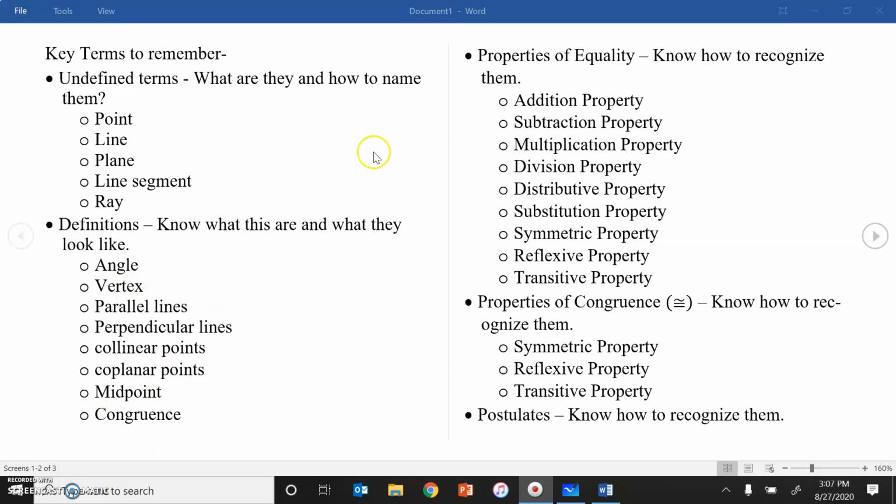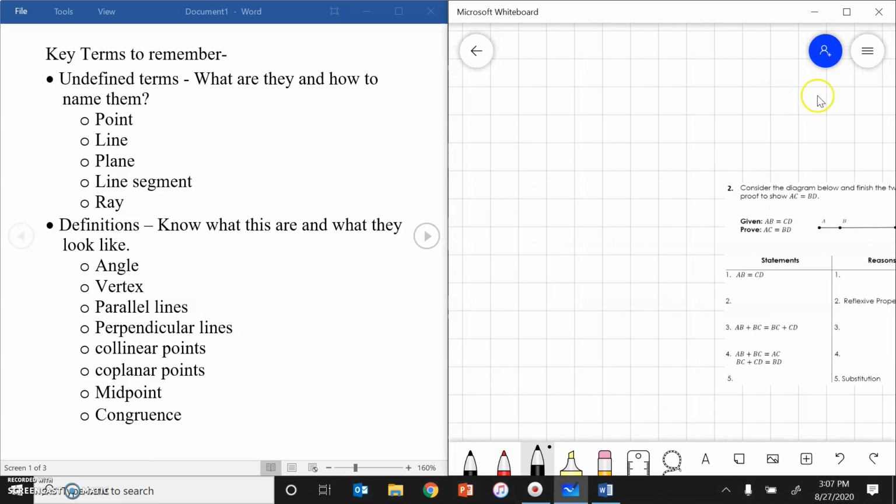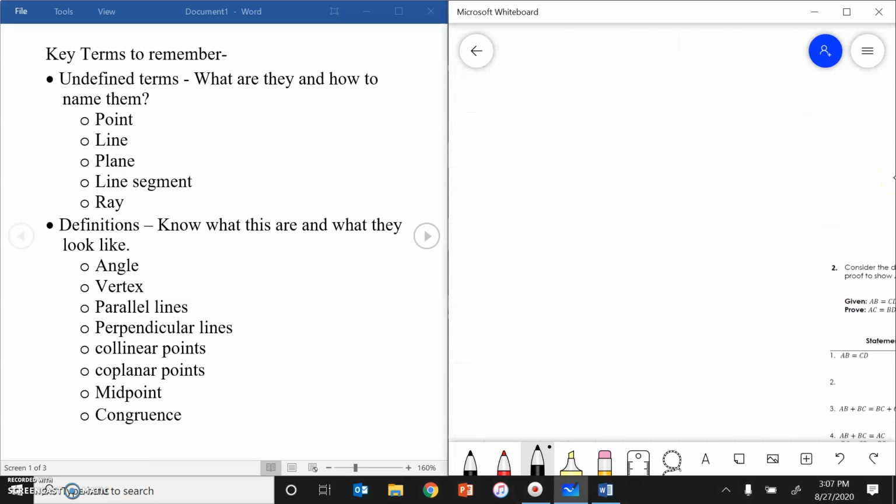You need to know what these are, all these definitions, and what they look like. So what is an angle? What is a vertex? What do they look like? Okay, so again, like a point, you have a point, that could be point A. A line, it's an infinite many number of points, and you name it using 2 points on that line. That's line BC, or with a single lowercase letter.